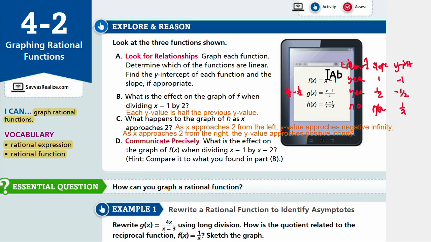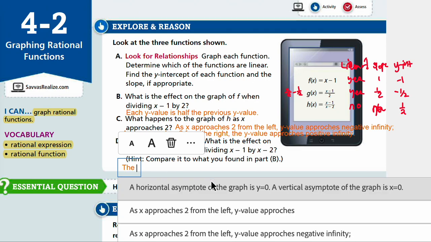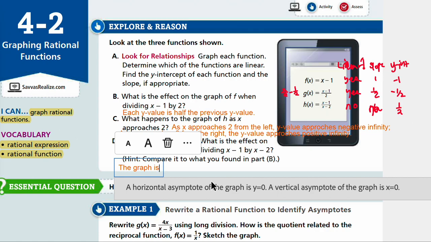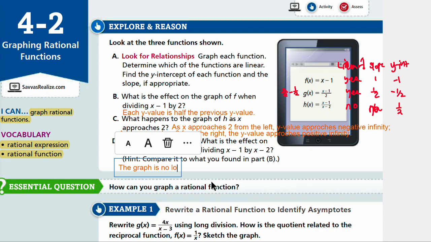It becomes a rational function, and it's no longer a linear function, right? That's very different from what we have seen before. So the graph is no longer linear.